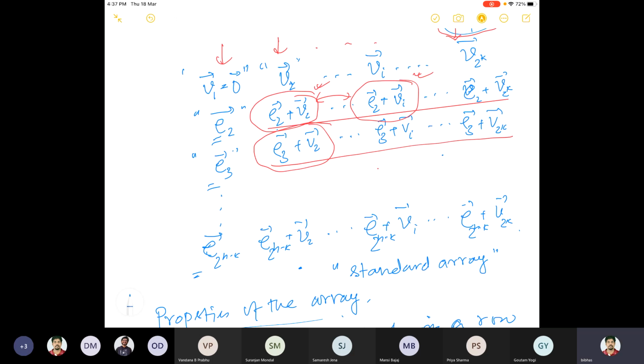Then it will be some EL plus some VI, and EM plus some VJ, because the same n tuple appears in two different rows. One row corresponds to EL, and the other row corresponds to EM, so it will be EL plus some VI, and EM plus VJ, and they are equal because they're the same n tuple. If you make that equal, then what will happen?